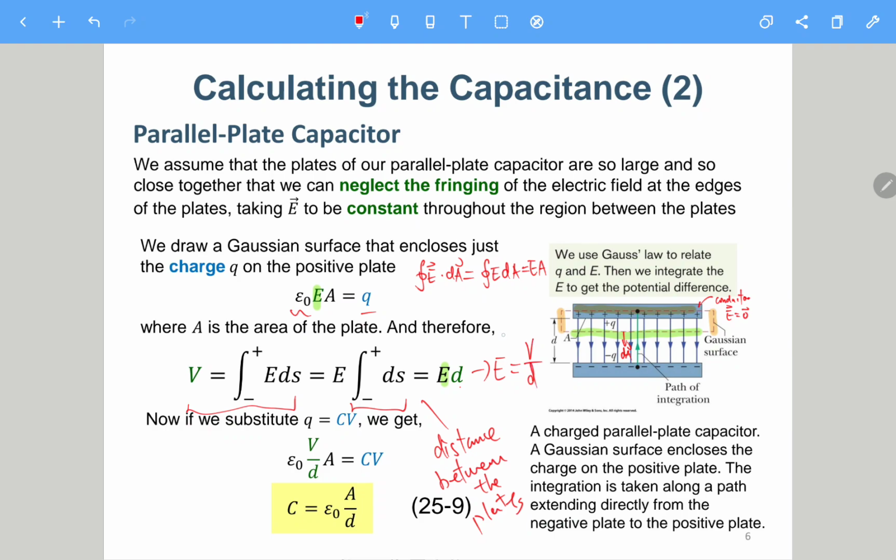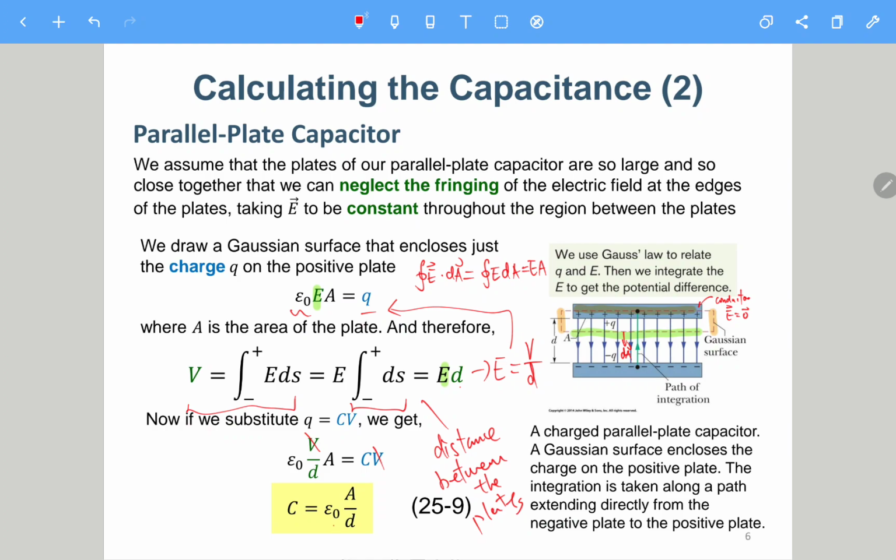We plug this into there, and then we can eliminate E. So we have epsilon naught V over d times A equals Q, which equals CV as the definition of the capacitor. Finally we can just cancel V and V. Then we come up with C equals epsilon naught A over d. Okay, so this is the capacitance of a parallel plate capacitor.